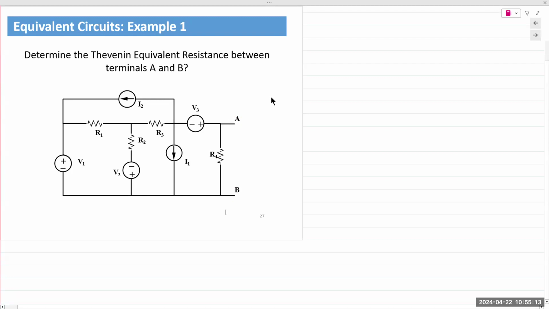So let's start with removing all the sources. What happens to the voltage sources? We place a wire, and current sources, open circuit, remove it, right? So go ahead and draw it out. There are 4 resistors in the circuit between A and B. You have 2 current sources and 3 voltage sources. Go ahead and finish redrawing the circuit, and then I will draw it out on the screen here.